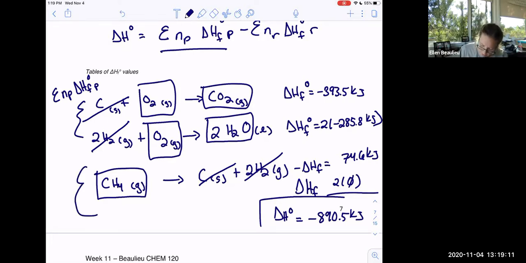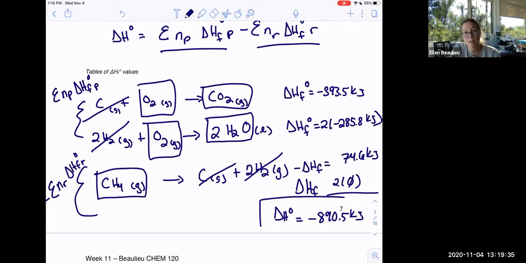Down here in my reaction, this is negative the sum of the reactants times the delta HF of the reactants. So here I'm subtracting the delta HFs from my reactants. I'm never going to ask you to write this out like Hess, but I just want to show you the origin of this relationship.